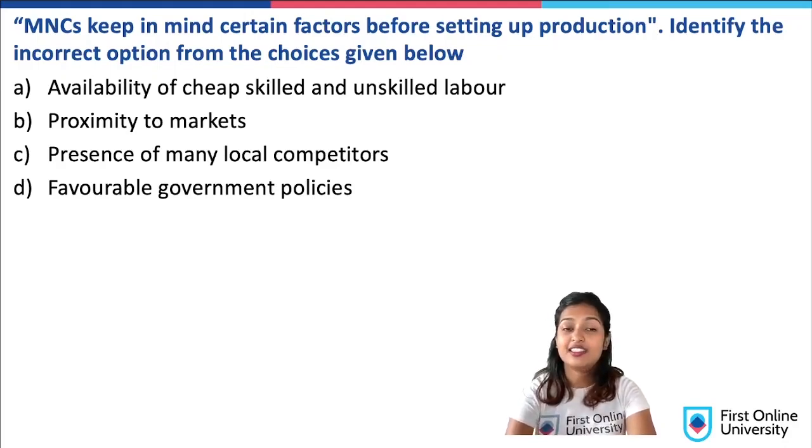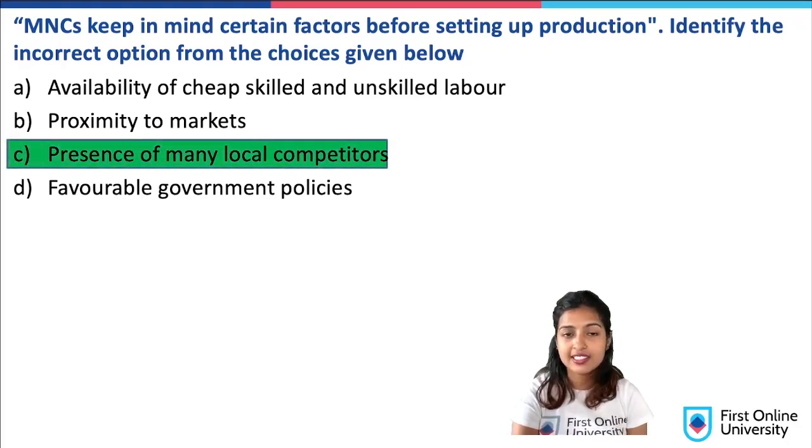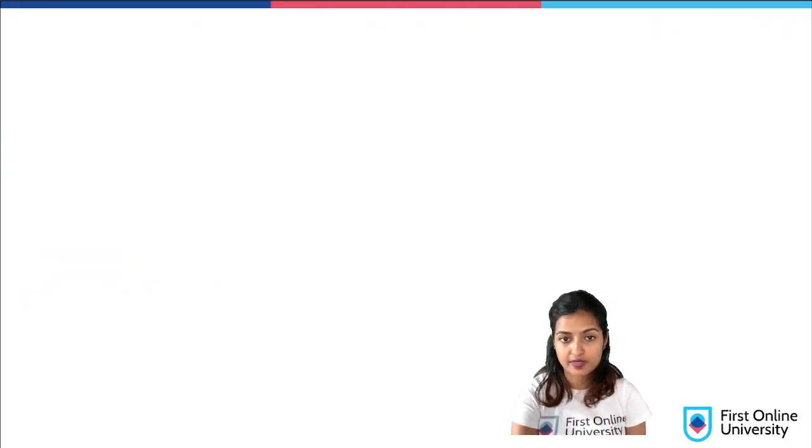So please find the incorrect option, that is the wrong option from the four options given below. The correct answer is C, presence of many local competitors.